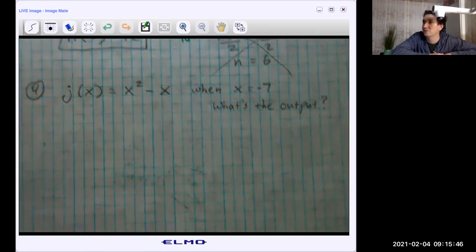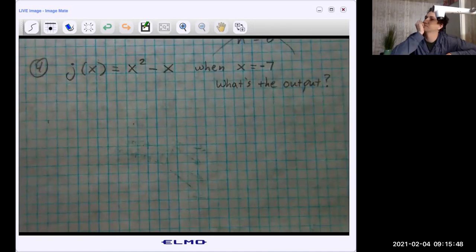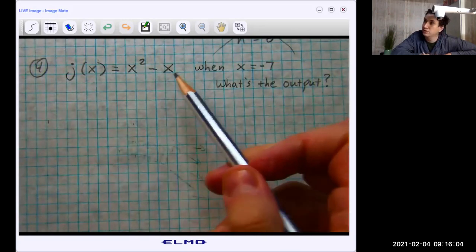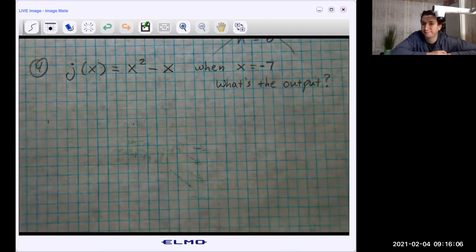Any ideas what the output's gonna be? And remember, function notation can get confusing, but if you want, you could go back to tables. That's all we're doing. We're just using a table, and we're saying, here's our rule, here's the input, what's the output?